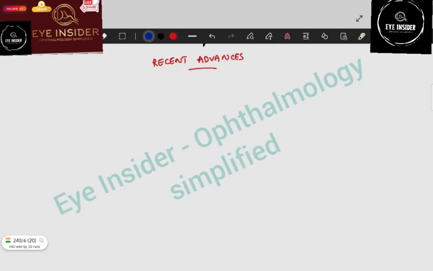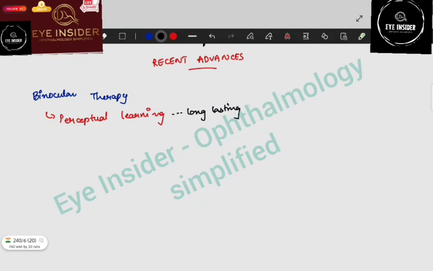Coming to recent advances in the management of amblyopia, we have binocular therapy. It includes perceptual learning. So what does this mean? Perceptual learning means long-lasting changes in perception, the ability to perceive, which is activated from practice or experience.